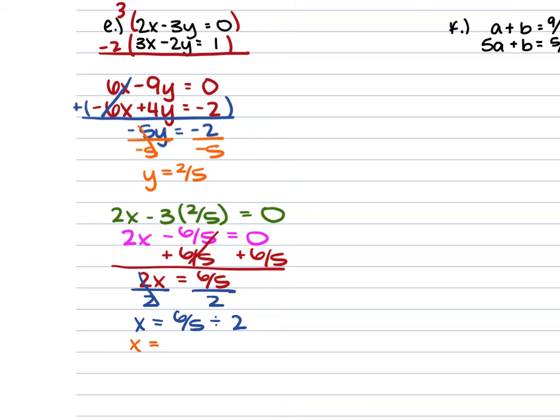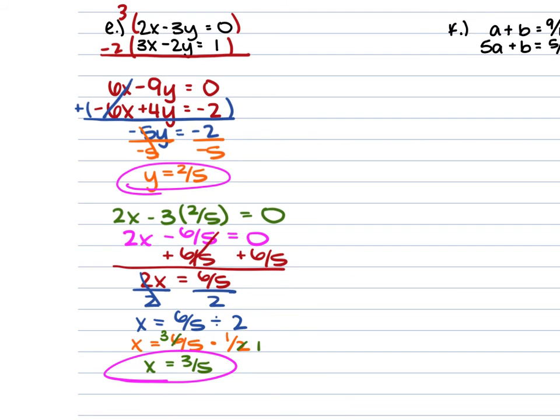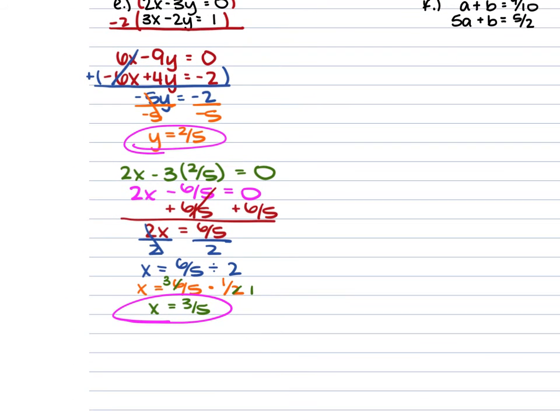So x is equal to 6/5 times the reciprocal of 2, which is 1/2. The 6 can turn into a 3, the 2 would turn into a 1, so I now have 3/5 times 1/1, which is just 3/5. So I have an x is equal to 3/5 and y is equal to 2/5. I form my solution by having x comma y, so that's 3/5 comma 2/5.